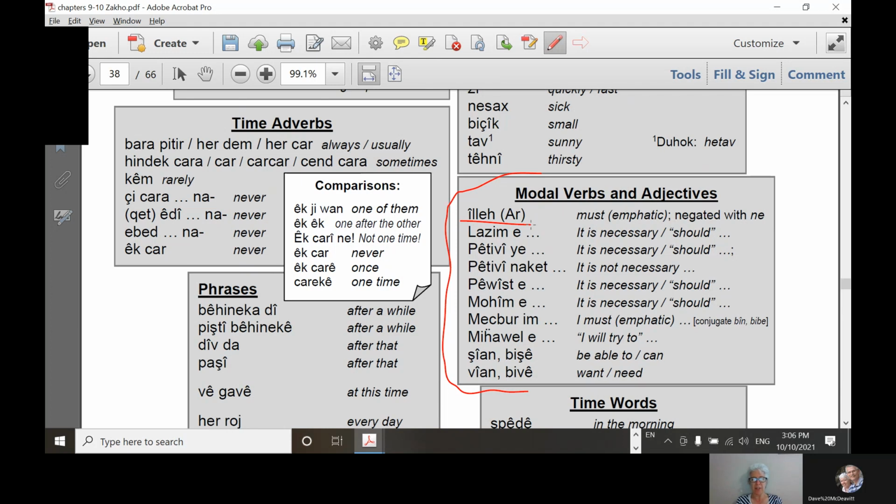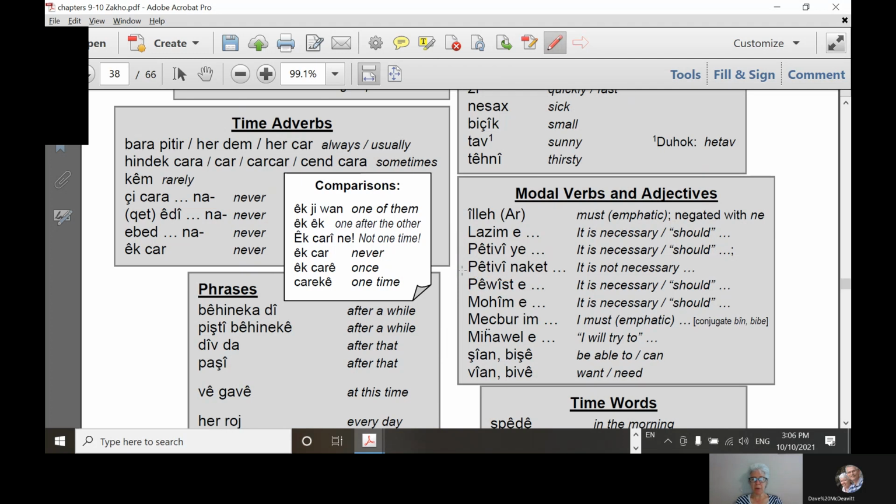Ilah, you have to do something, okay? So that's, even though it's Arabic, it's used commonly in our part of the world. Then probably the most common, other than that, is lazima. However, that is also Arabic, and so they don't write it, so they write peytiviya or peytivinaket.